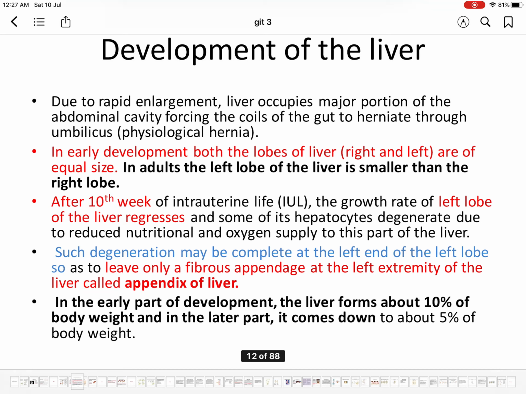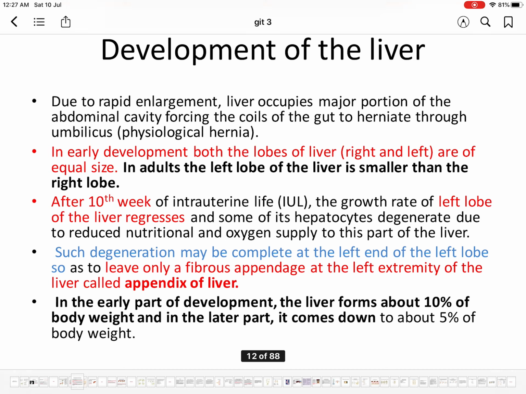Left lobe of liver will regress after the 10th week of intrauterine life, and it will get reduced oxygen and nutritional supply, because the right branch of the portal vein is a continuation of the portal vein, but the left branch of the portal vein is at an acute angle. So the left branch of portal vein is getting less amount of blood, and that's why the left lobe of liver will be degenerated or less in size.